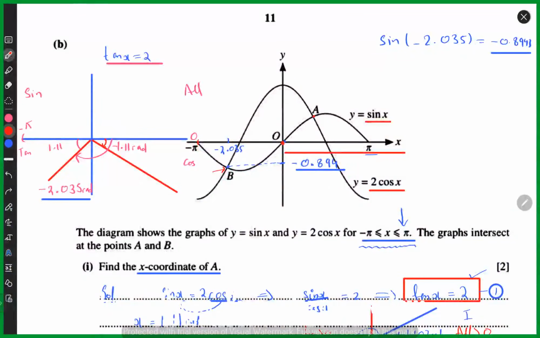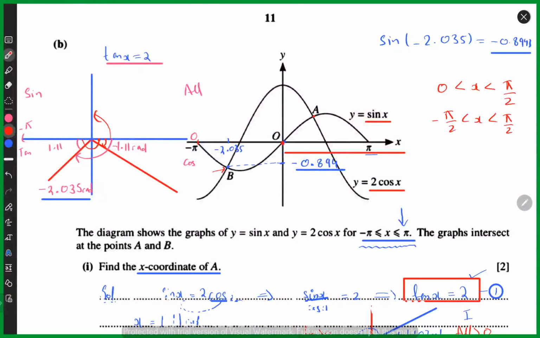And this is why when I started from 0 and went all the way to minus pi, I knew that I would be covering the fourth and third quadrants. Let's say if I had 0 to pi by 2, in that case I would have considered this. But let's say if I had minus pi by 2 to pi by 2.